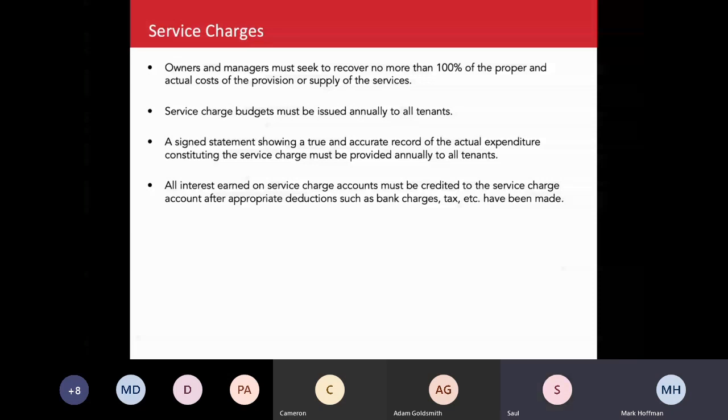Percentage of rent is what Saul says. Okay. Anybody have any other answers as to turnover of service charge? Okay. Any other answers as to how management fees are to be charged? Now, Ellie said can be a set fee.